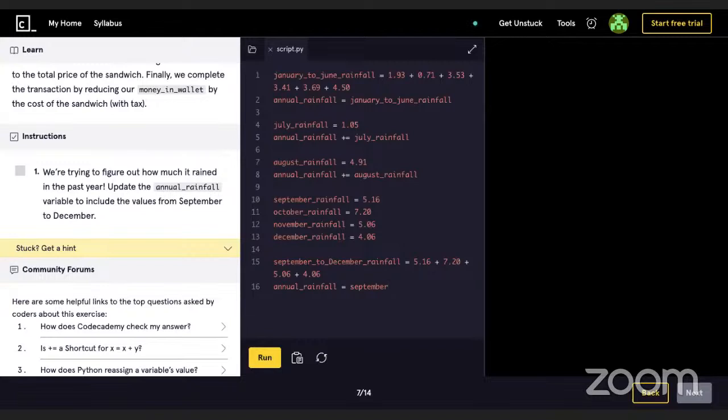Yeah. 2 TO. Then underscore. December. Then underscore. Rainfall.